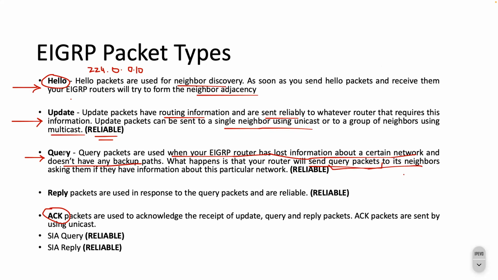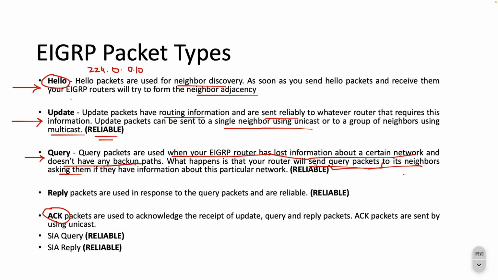When a router has lost information about a particular network which was earlier part of its routing table, learned via EIGRP, and it does not have a backup path in its topology table, then it will send a query packet towards all its neighbors, asking them if they have information about this particular network or not.